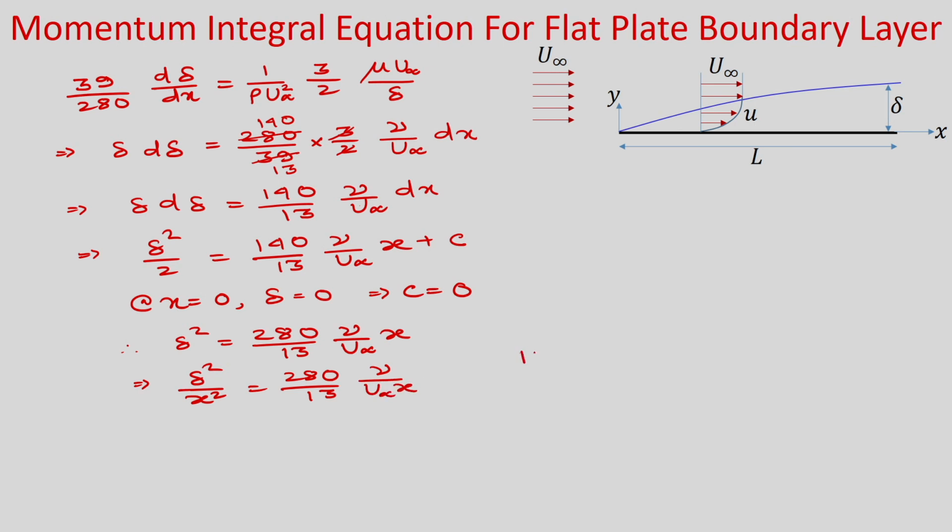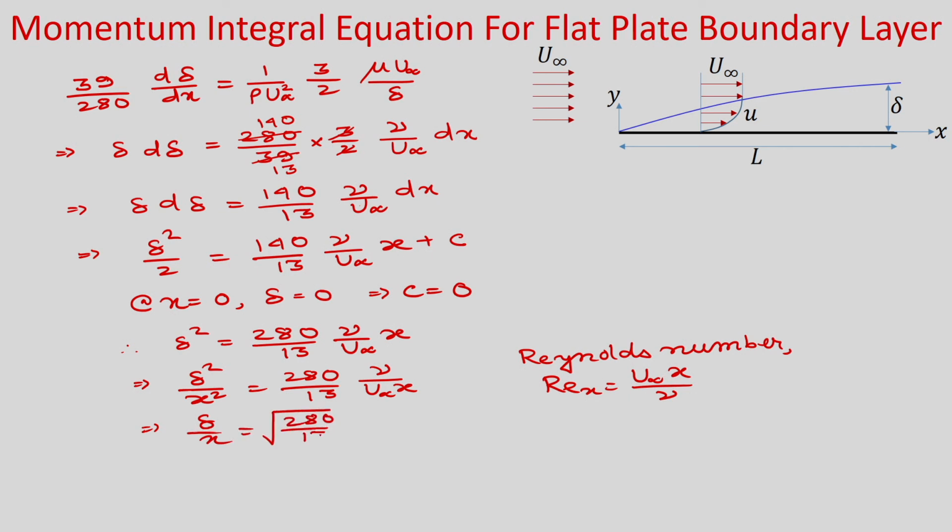Now, if you define the Reynolds number based on x, Re_x as u infinity x by nu, then we can write delta by x as root 280 by 13 times root of nu by u infinity x, that means 1 by Re_x.